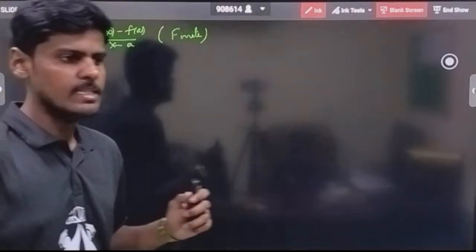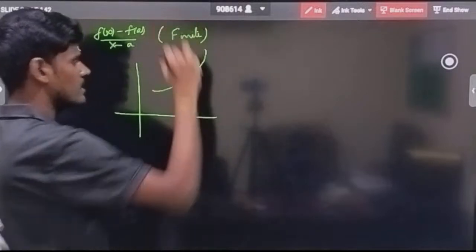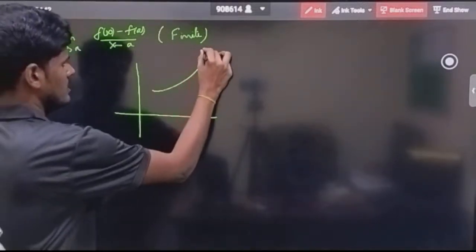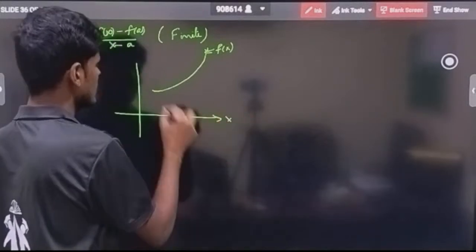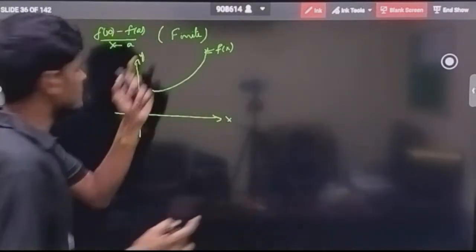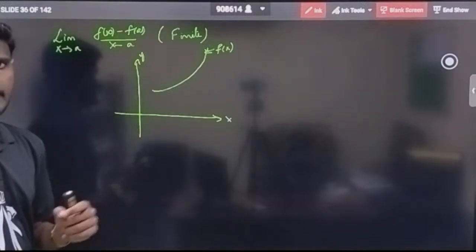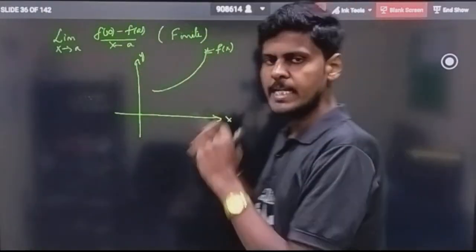Now we will understand geometrically what it means. For understanding this, let's take any arbitrary curve. This curve is f of x, with the x axis and y axis. Now what does this limit mean? Limit x tends to a means x is very close to a, but it is not exactly a.